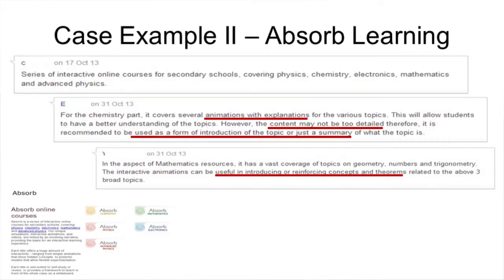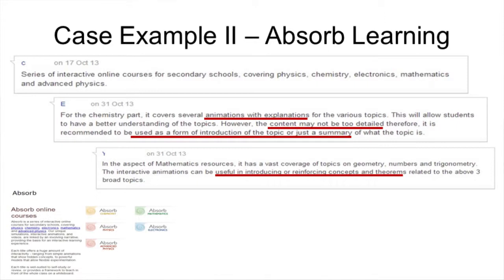Okay, this is the second example, and this particular resource is called Absorb Learning. Again, you see the description of affordance and some recommendations in terms of instructional strategies. Student C started out by saying it's basically interactive online courses for secondary schools, and described the range of topics or subjects included in this resource.